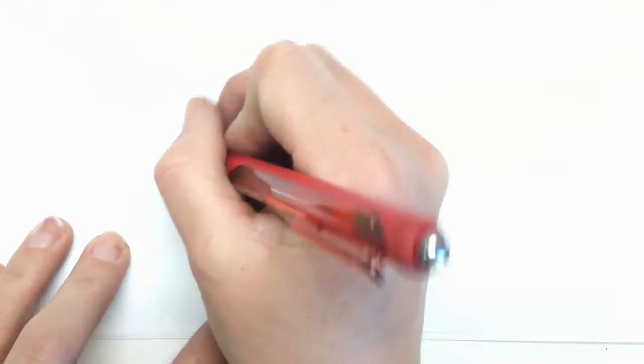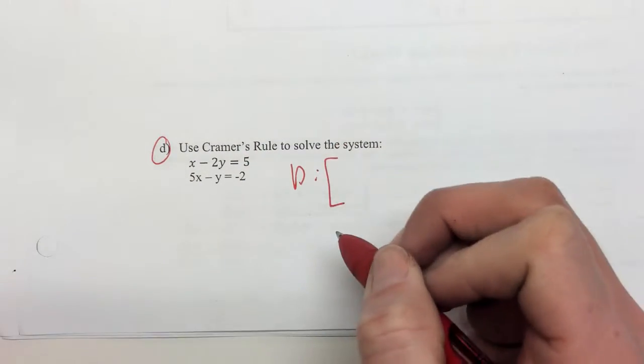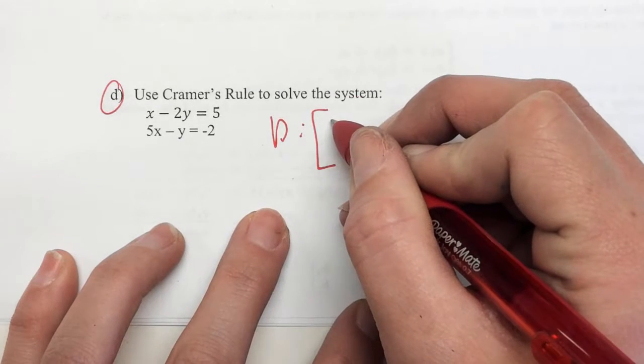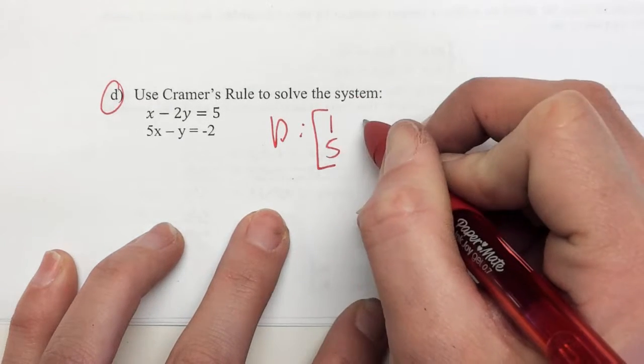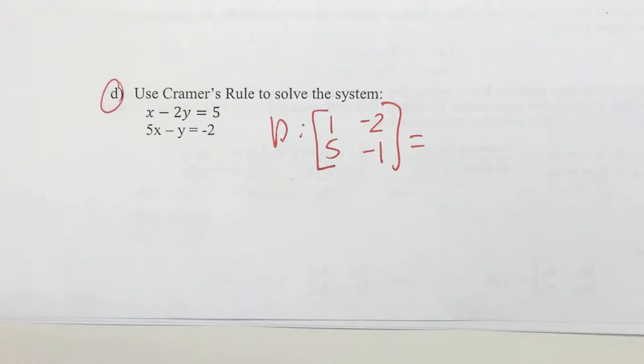Okay. So first we find the determinant of the matrix D, which would be what numbers in that matrix? 1, 5. Good. Go ahead and find the determinant part on your own. Nope.